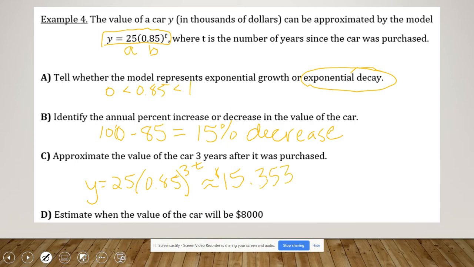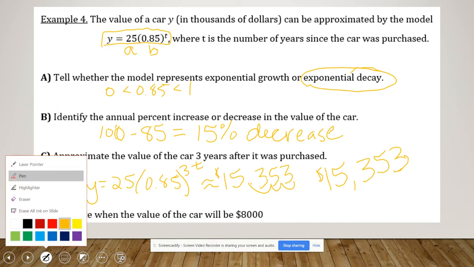Now remember, that's 15,000. If I have thousands, that means I'm moving my decimal 3 places to the right to get the number value. So 1, 2, 3 means the car is worth $15,353 in 3 years.